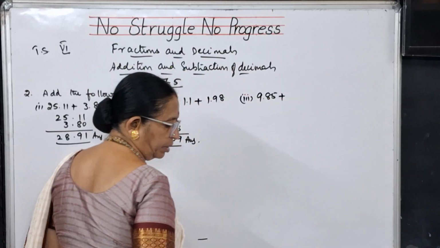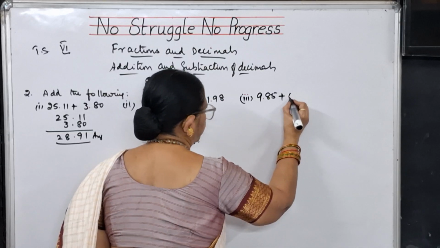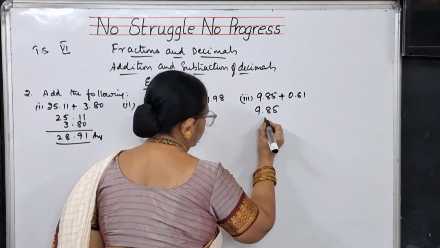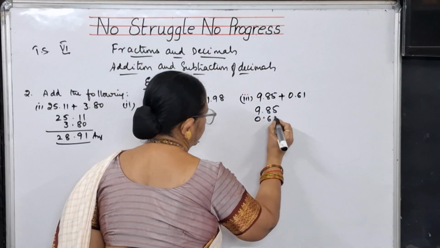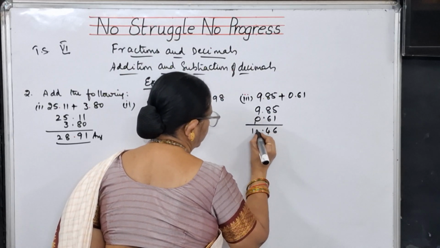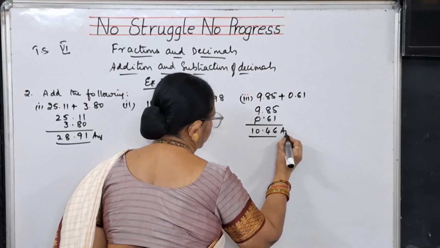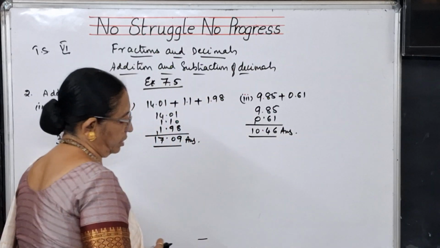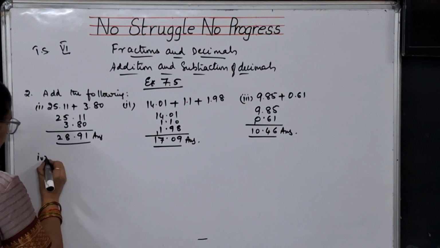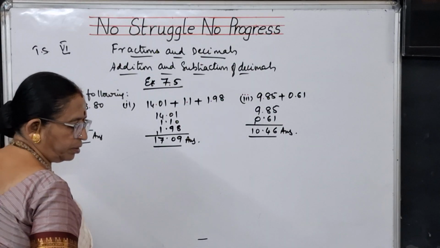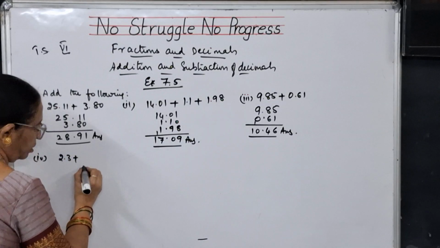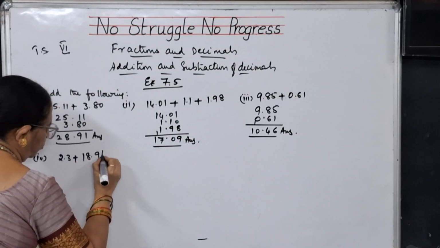9.85 plus 0.61. So 9.85, decimal, 0 here, 6 and 1, 6 here, 14 here, 10. 10.46 is the answer for the third bit. Fourth bit, 2.3 plus 18.94.